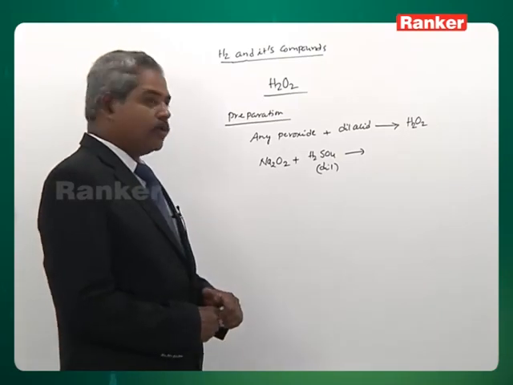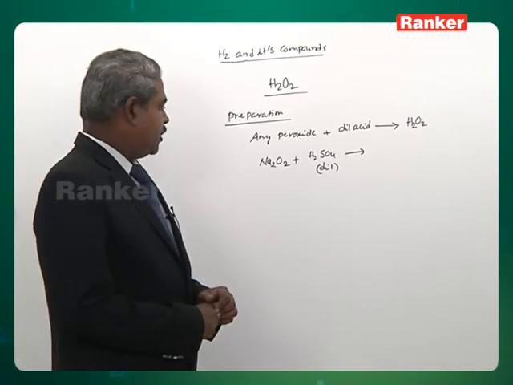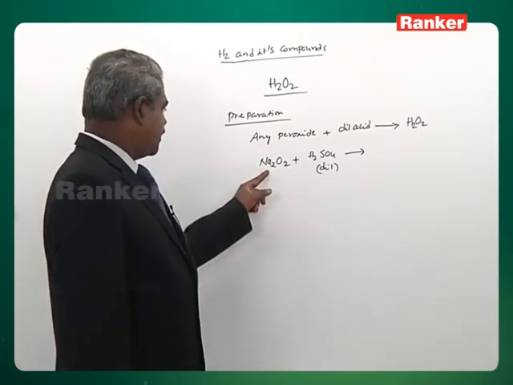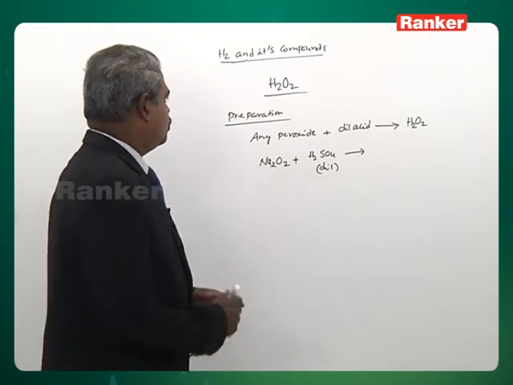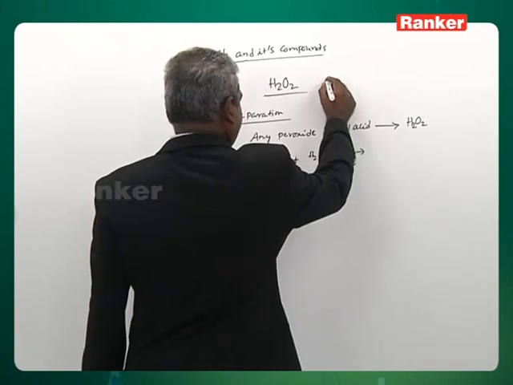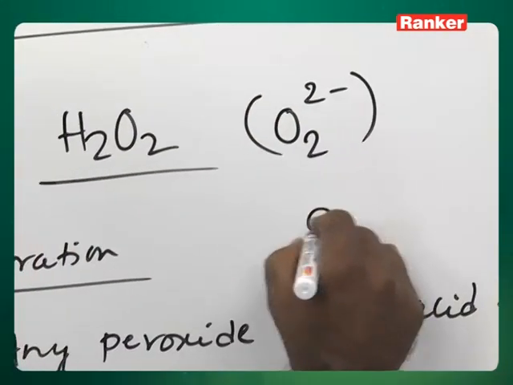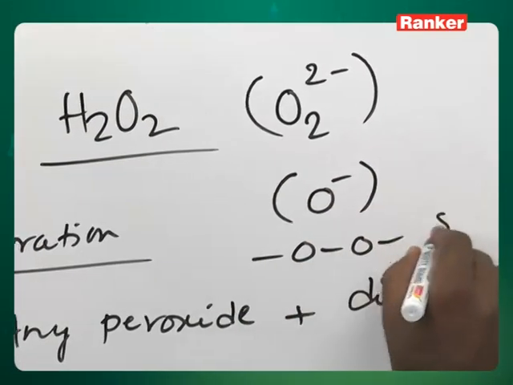Is Na2O2 a peroxide? We discussed it in the oxidation states part, the last lecture. Na2O2: plus 1, plus 2, minus 2, O2 2 minus. If it is O2 2 minus, we know it is called a peroxide, or O minus, oxygen single bond.